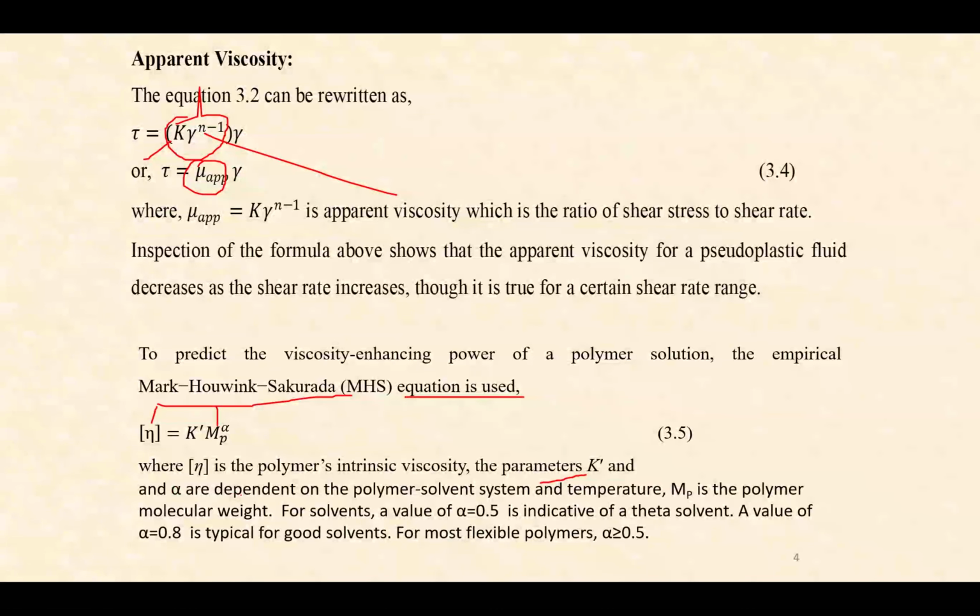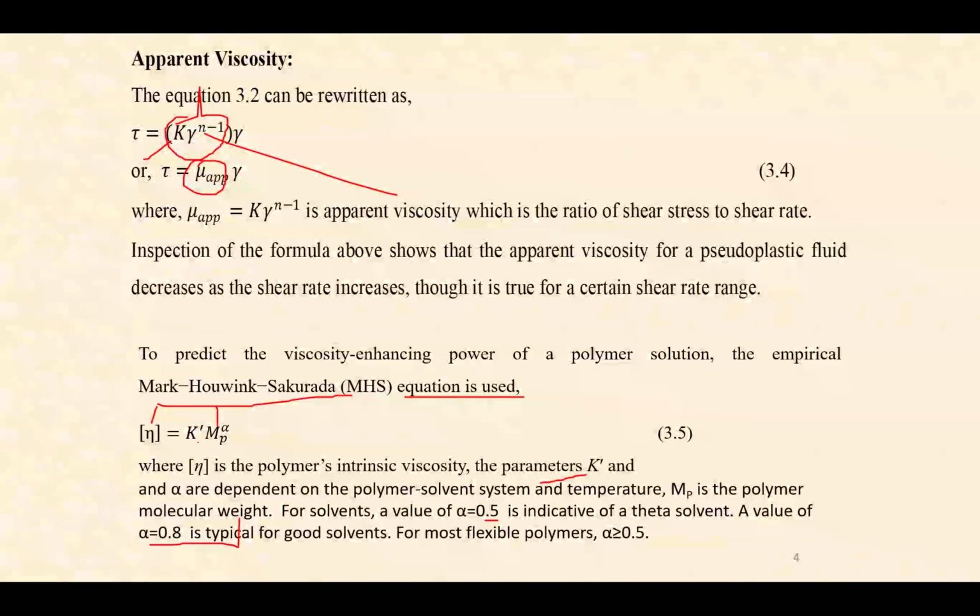This particular parameter for a particular solvent system is known. For example, for most solvents, alpha is generally equal to 0.8, and for a good solvent, say, for example, water, it is 0.8.